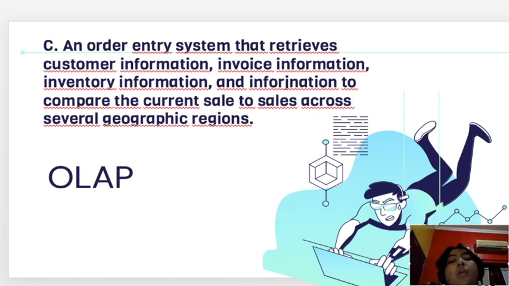Third is an order entry system that retrieves customer information, invoice information, inventory information, and information to compare current sales to sales across several geographical regions. Again, the keyword here is several geographical regions.